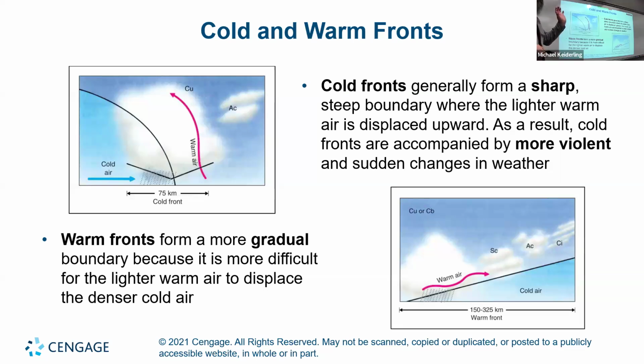So instead of hitting the warm air like a bulldozer and pushing it up and out of the way, the warm air has to squeeze the cold air out like toothpaste in a tube. That spreads the rising warm air out. It spreads out the precipitation. You get longer, less severe precipitation.